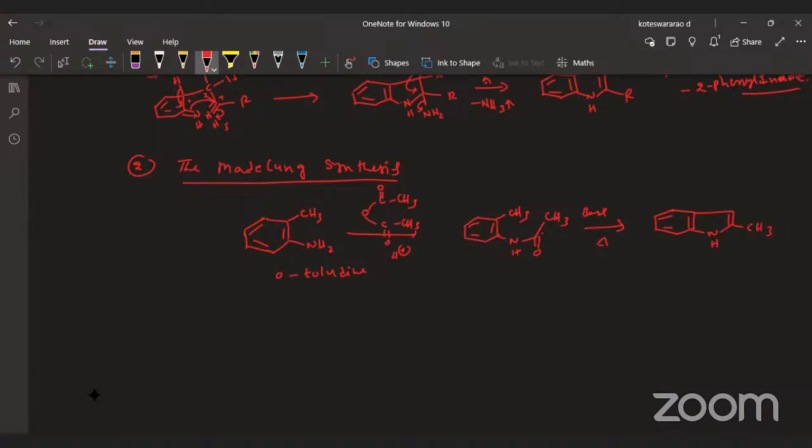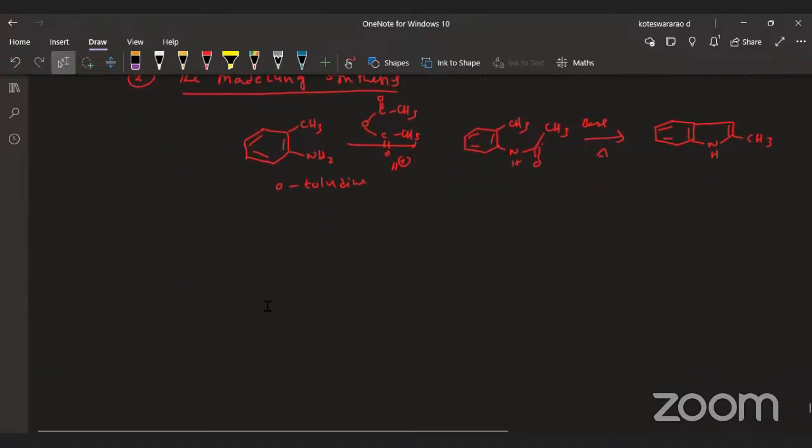You can also have the other reaction in the Madelung synthesis, with N-ortho-formamide. You take the same ortho-toluidine, you treat it with formyl chloride.